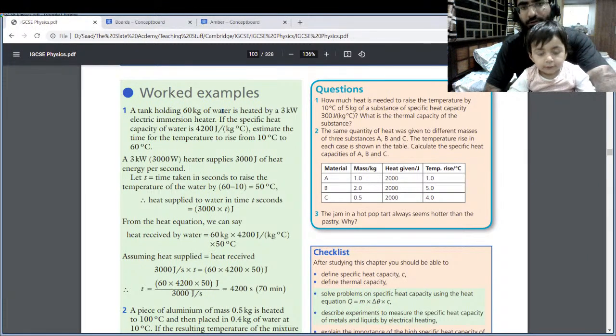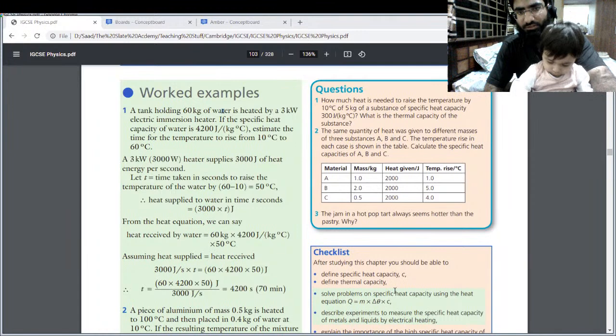Yes, 15,000 joules per kilogram per degree centigrade. No, 15,000 joules. It's just asking for heat. Thermal capacity.